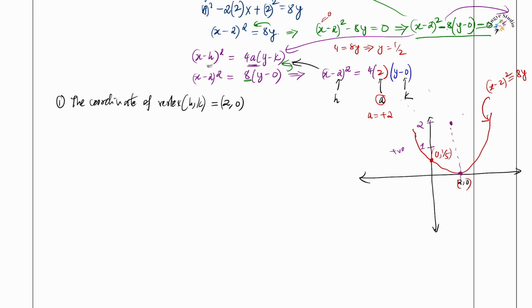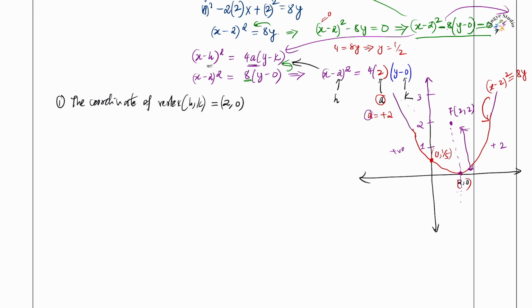The distance between the focus and the vertex is given by the value of a, and our value of a is plus 2, so this distance is plus 2, and the x coordinate is 2, so the focus is (2, 2). Let me make this a little bit longer and extend this parabola like that.